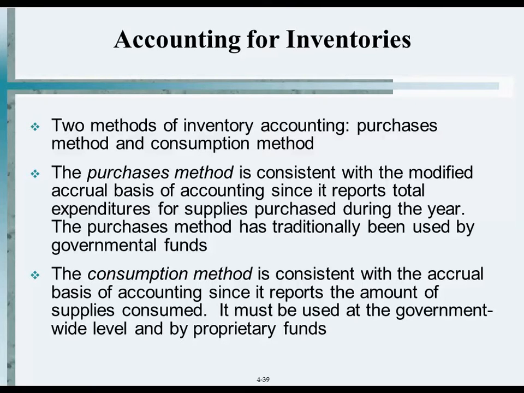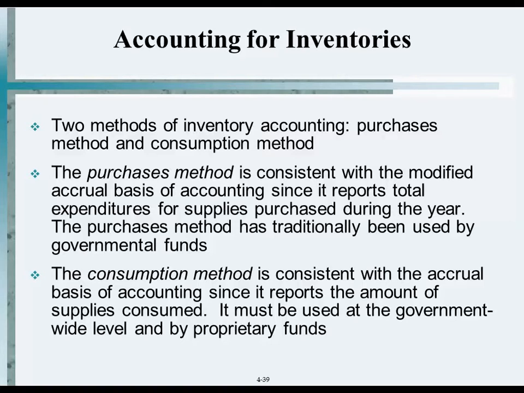But then there are other governments. If I were there, I'd say, I'm not going to bother with this. First of all, I'm spending $50,000 on supplies for this year, and it might be a small amount. I'm not going to keep track of how many pencils and pens I have at the end of the year. I'm just going to expense them because they're not material during this year. But what some of the governments are required to do is the following.